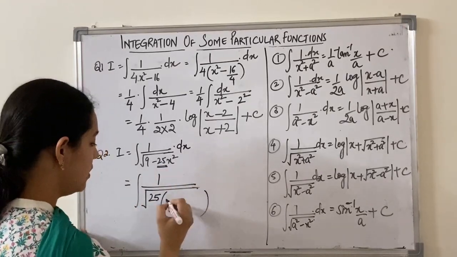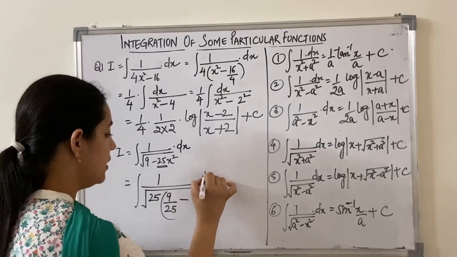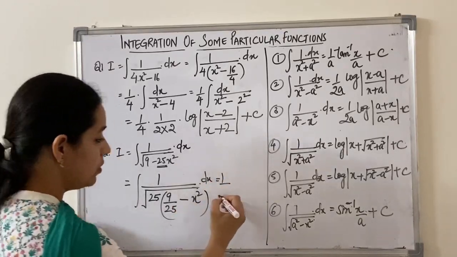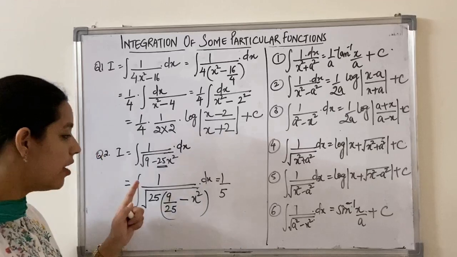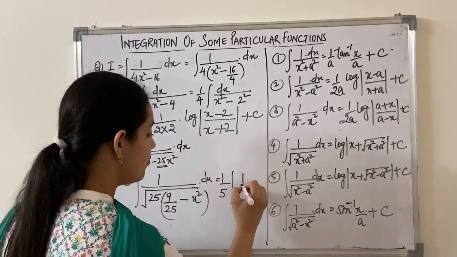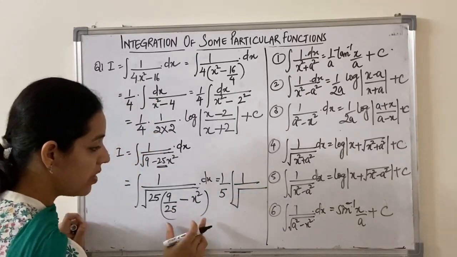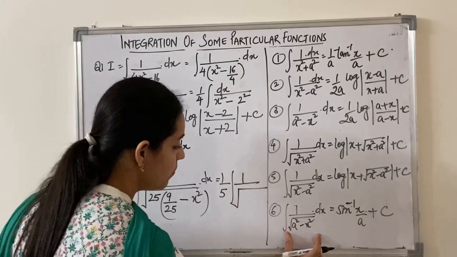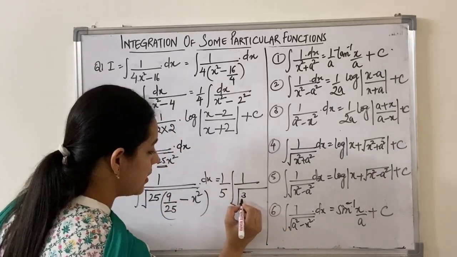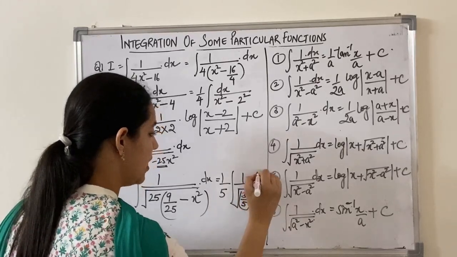So we will get the term as 9 upon 25 minus of x square dx, which is further equal to 25 goes outside the square root and it will be equal to 1 upon 5. 1 upon 5 being a constant can be taken outside the integral sign. So we are left with 1 upon under root of 9 upon 25. If I need to write it in this form particularly, I need to decide what a should be. So I can write it as 3 upon 5 square minus of x square dx.